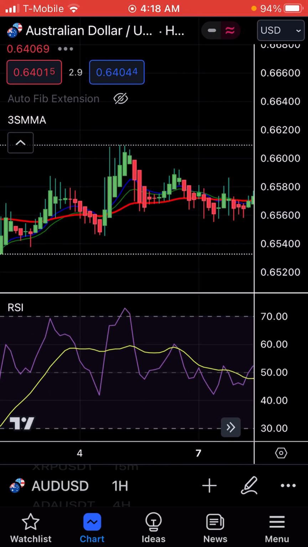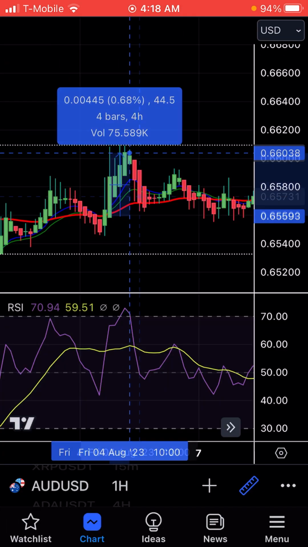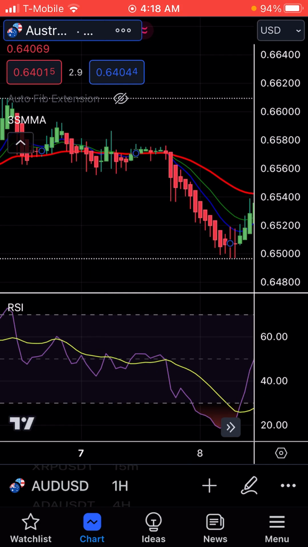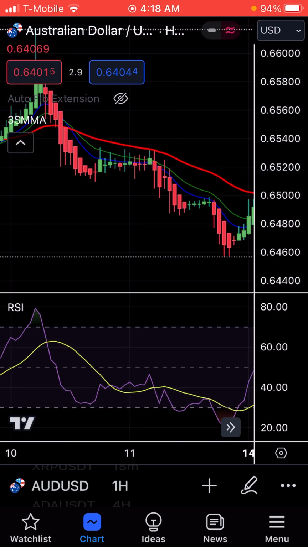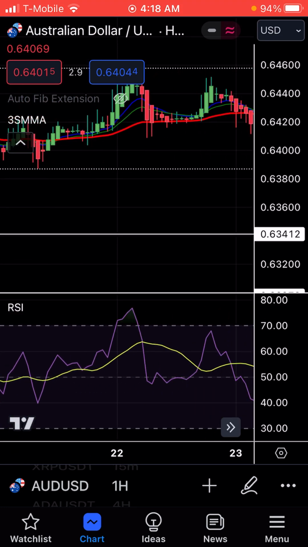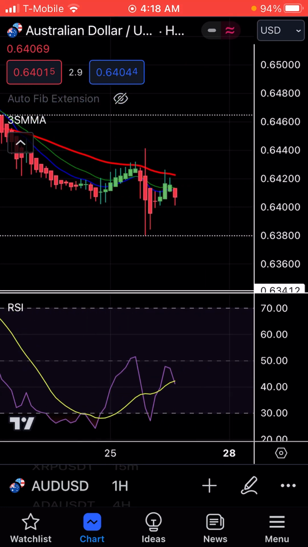And then we have a small one right here, 445 pips. So this is not the main strategy that I'm showing you. What I want to show you is you can use the moving averages, find the moments when they cross, and you'll usually find a good quick scalp for maybe an hour or so.